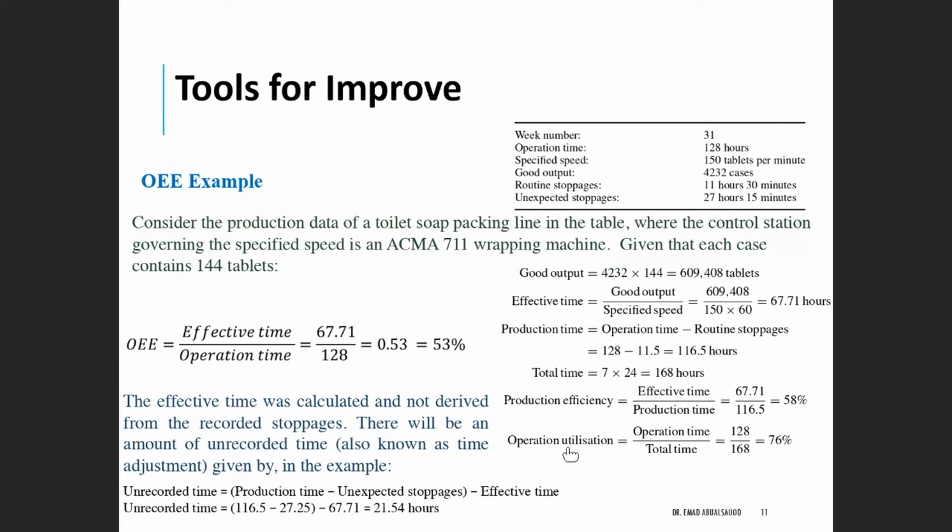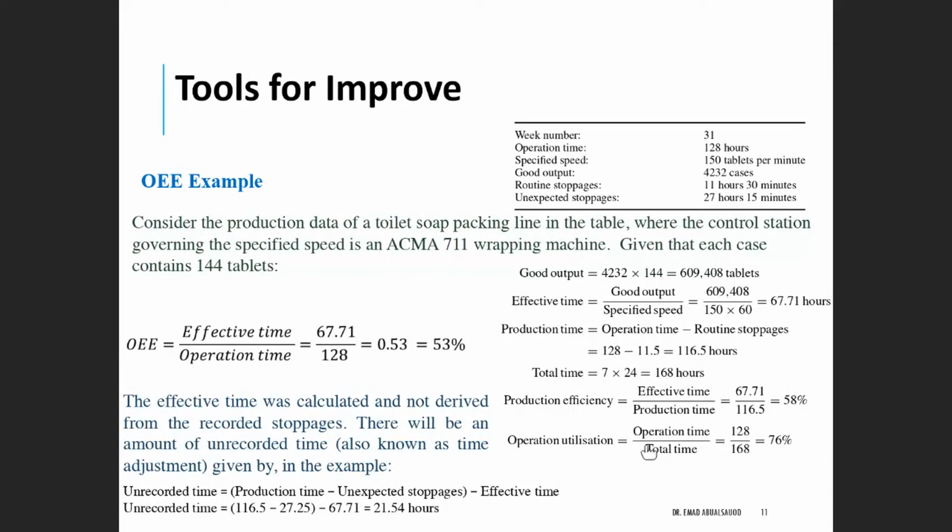One is how you utilize your operating time, and the other one, how efficient is your production. كفاءة إنتاجيتك مقابل استغلالك لوقت العمل. The operation utilization can be found from basically the operation time over the total time to see the percentage.